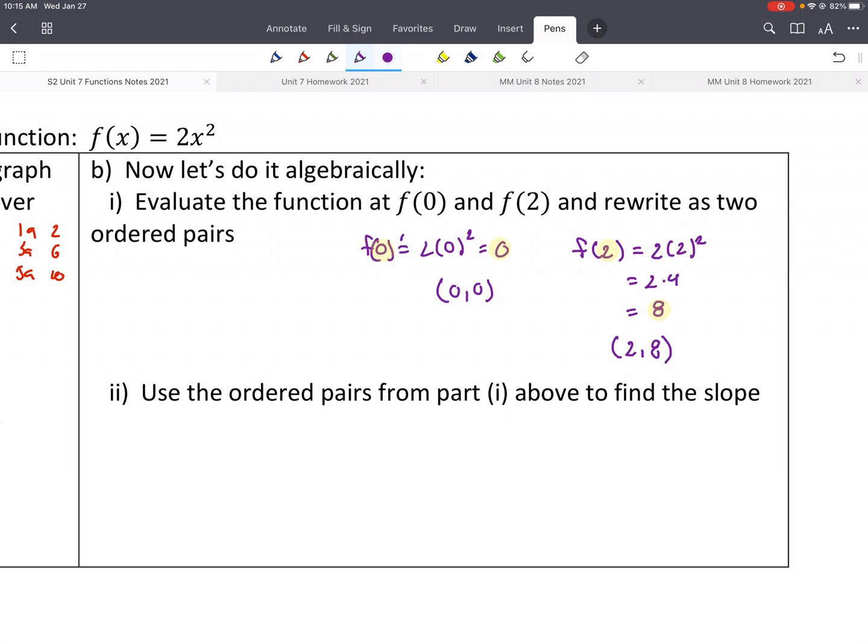And then we'll use the slope formula to find the average rate of change. So this would be your x1, y1, x2, y2, and we'd do 8 minus 0 over 2 minus 0, or 8 over 2 equals 4. Okay?